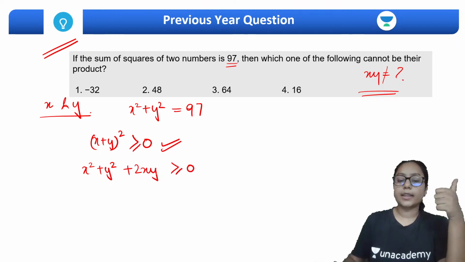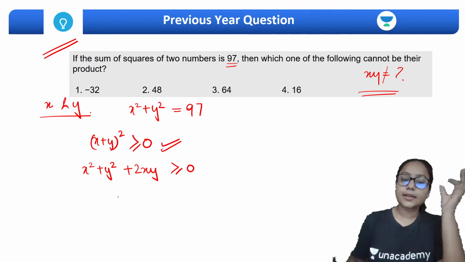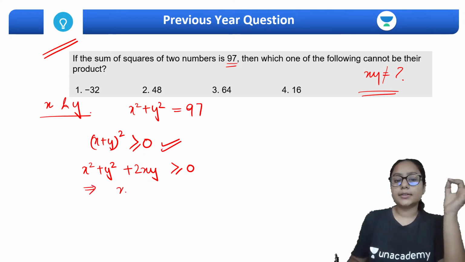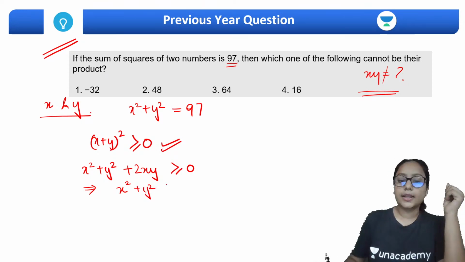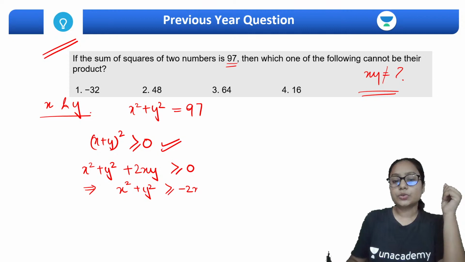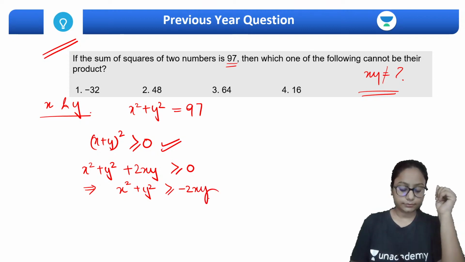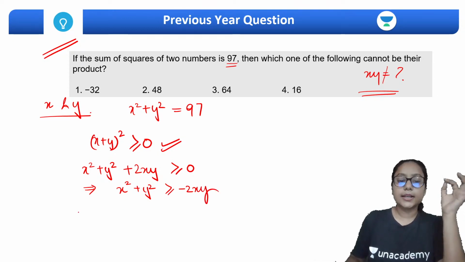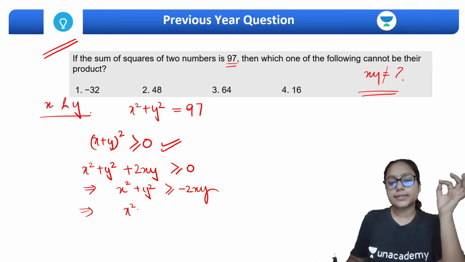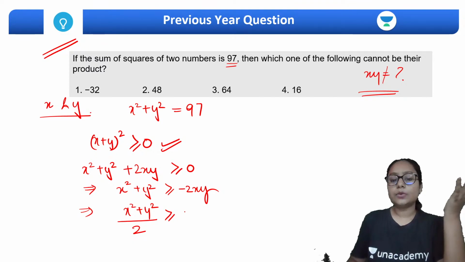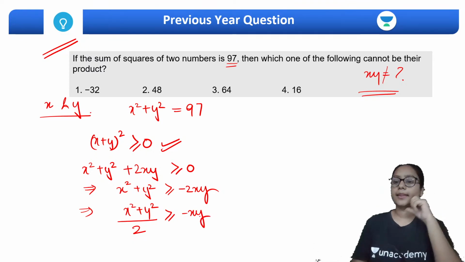So from here I can write x square plus y square is greater than or equal to minus 2xy. So from here we can also write that (x square plus y square) by 2 is greater than or equal to minus xy.